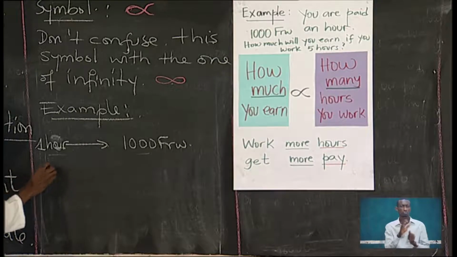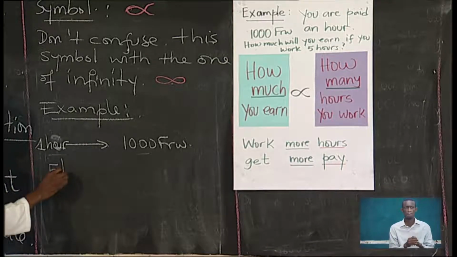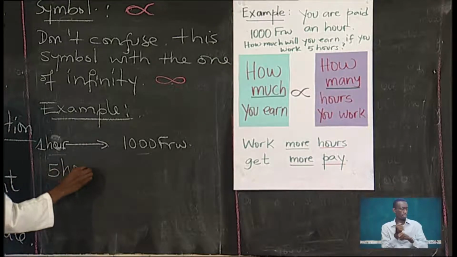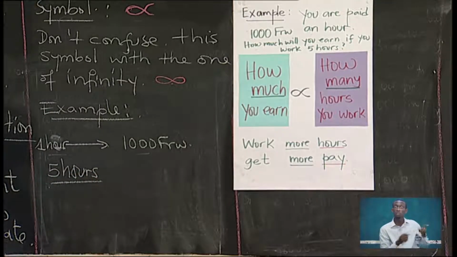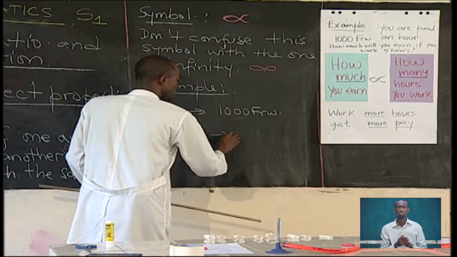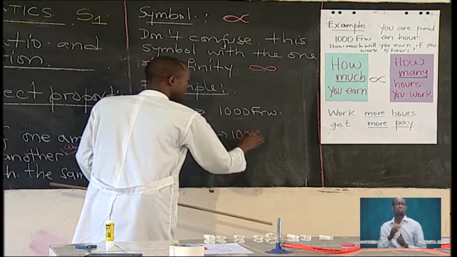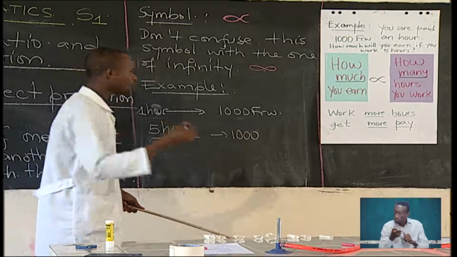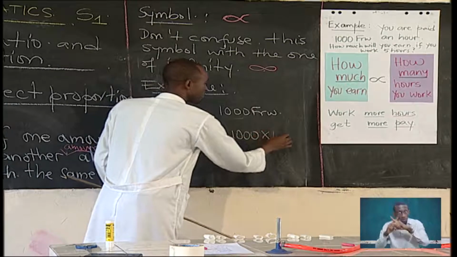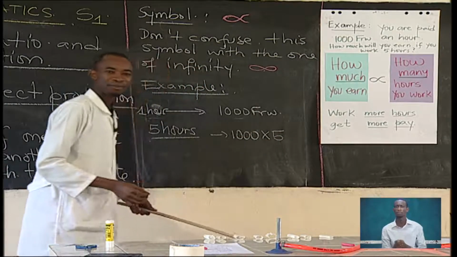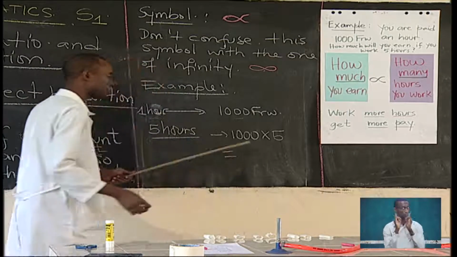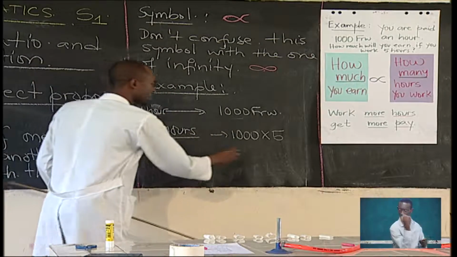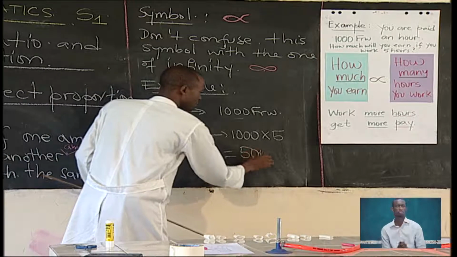Now, I have to work 5 hours. You see? For these 5 hours, you take the 1,000 you get per 1 hour, and you multiply by the 5 hours. So it means if I work 5 hours, I will get 5,000 francs.